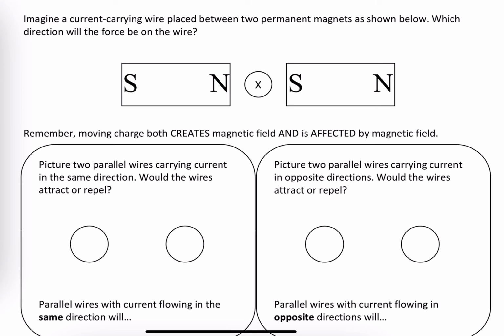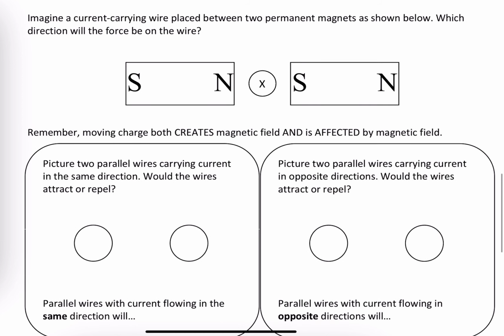Well, let's figure that out. This wire is pretty close to the ends of a magnet, so there should be a strong magnetic field there. But which way does it go? Well, recall that magnetic field lines go from north to south. So there should be some magnetic field lines going in this direction here, where this wire is.